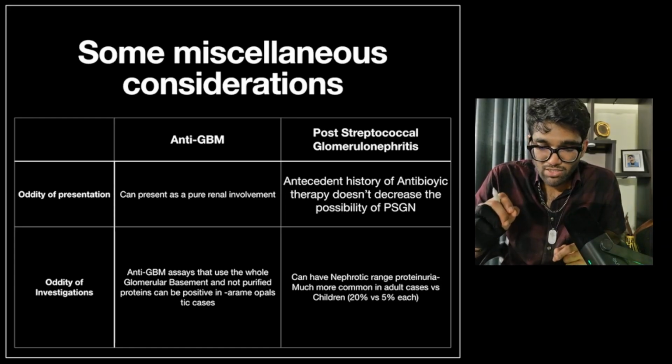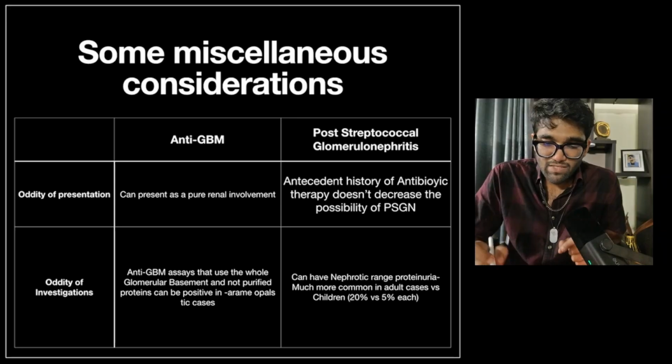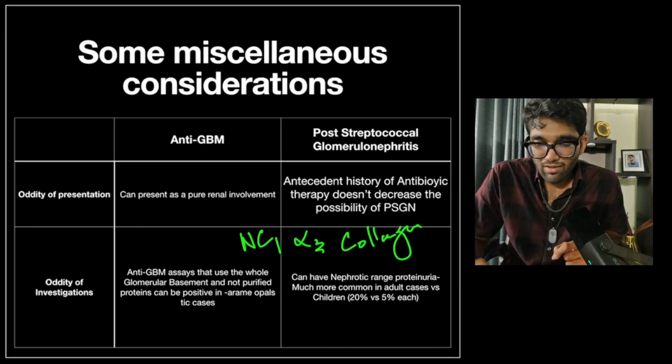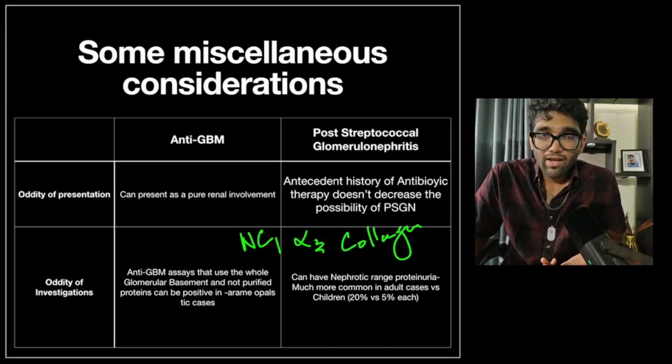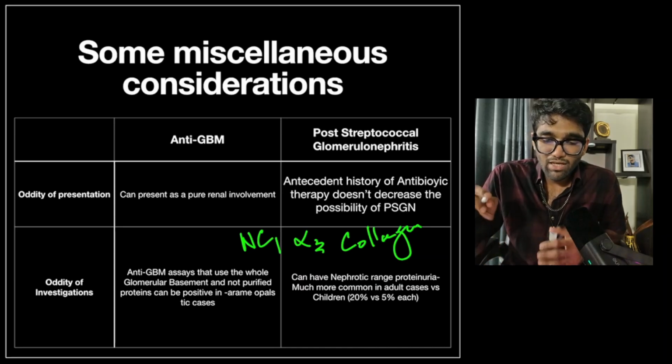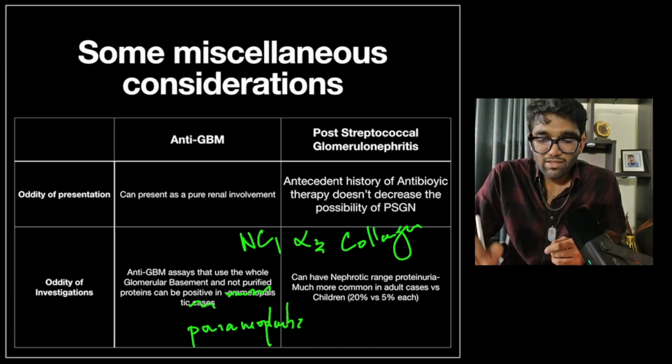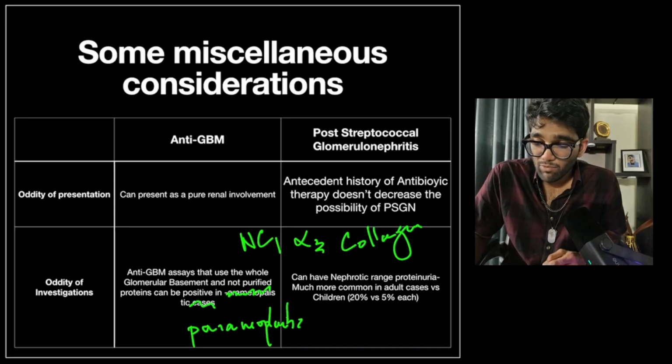This is because we specifically need antibodies that target the NC1 region of the alpha 3 chain of collagen type 4, because other antibodies can develop even in paraneoplastic cases. So even in malignancy-associated cases, you can have anti-GBM antibody false positivity in blood.